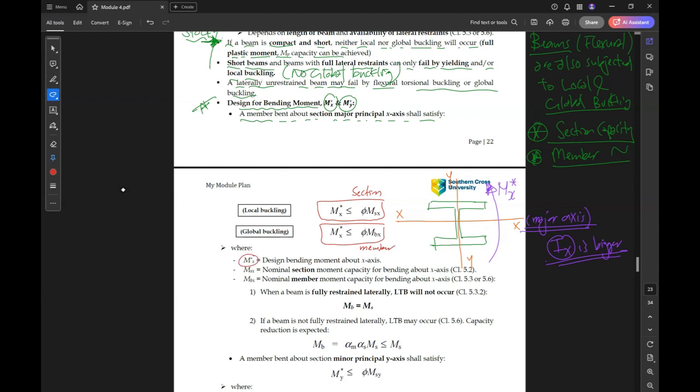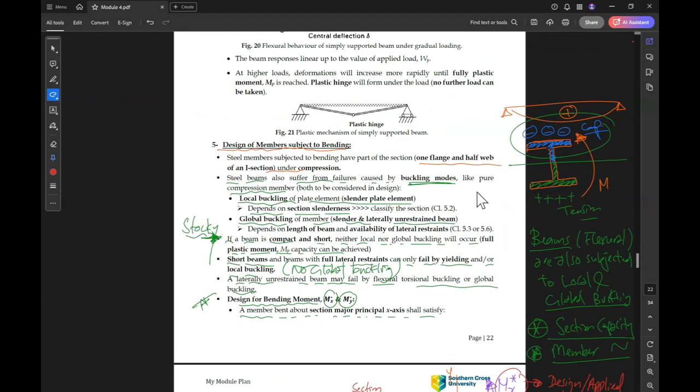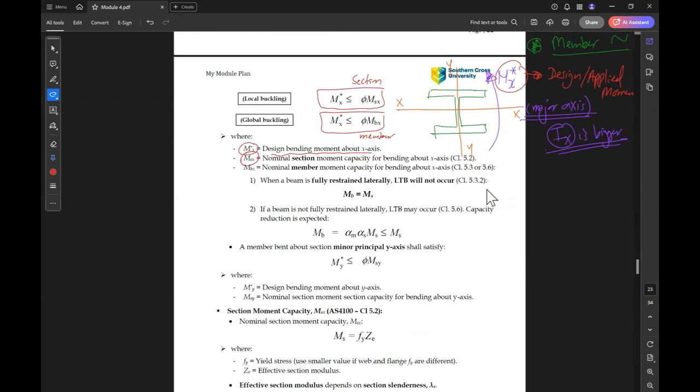MX star is the design or applied bending moment. MSX is the nominal section moment capacity for bending about the X axis. MBX is the nominal member moment capacity for bending about the X axis.